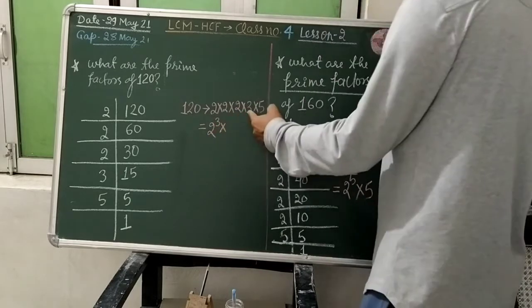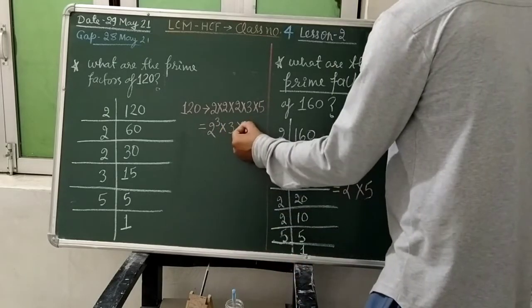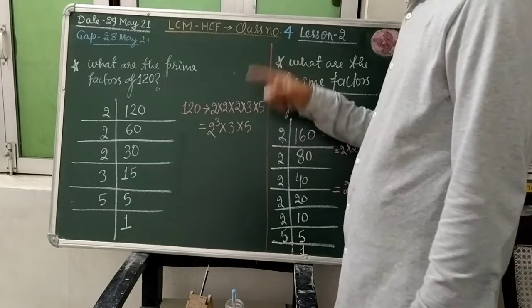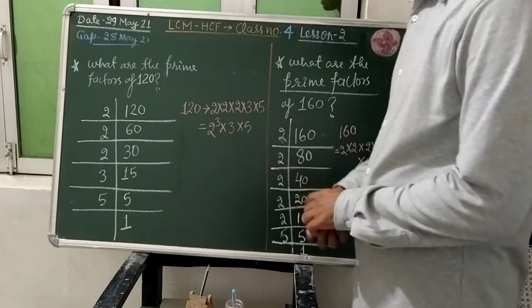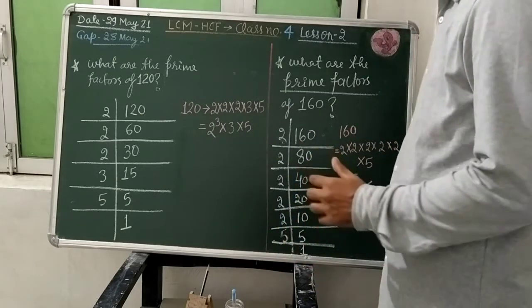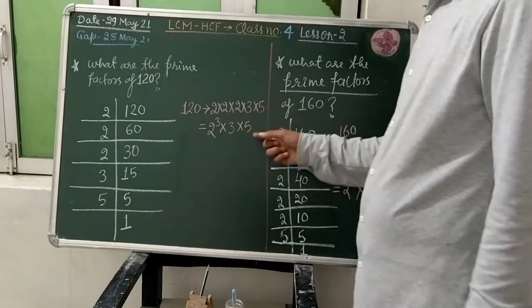Multiplied by this, what? 3 is coming 1 time, so 3 multiplied by 5. Okay students, so this step we can write in this form as well. Try to observe it. From my opinion, it is one of the most dangerous weapons of mathematics.